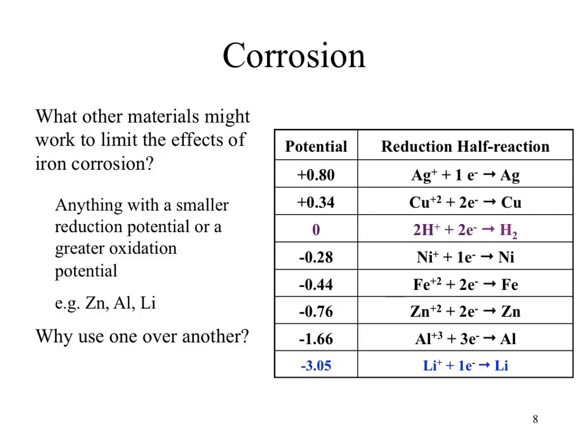If zinc reacts, so let's say we leave our nail there for an infinite amount of time, eventually what happens to the zinc? It fully reacts into the ion, which means it's gone, which would then mean the iron could now react, and we could go through that corrosion process.